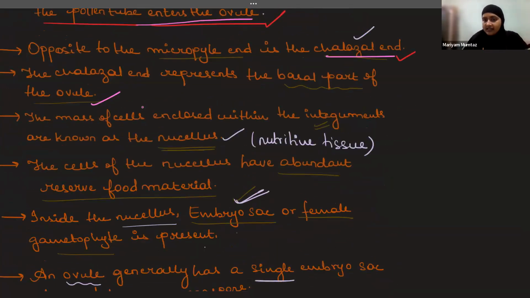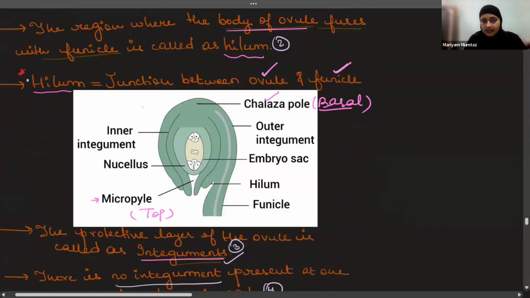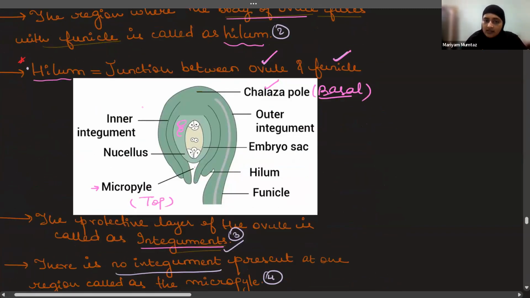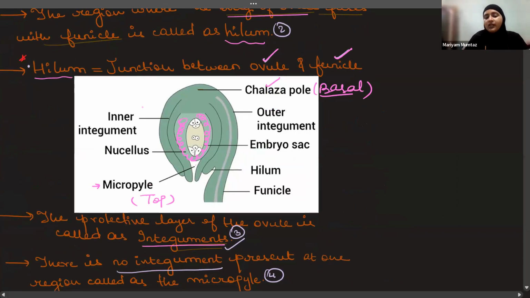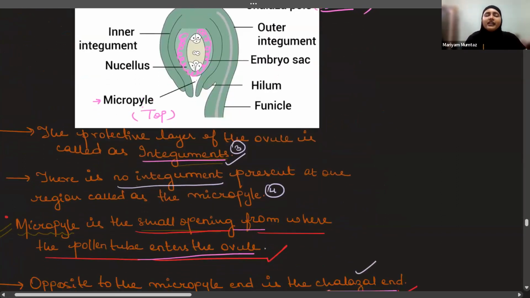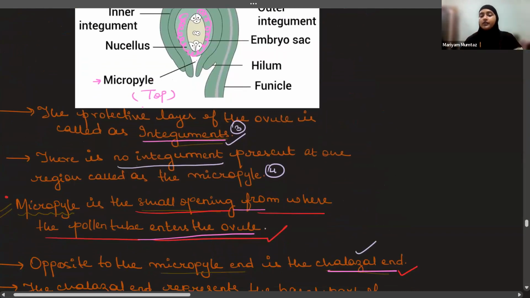Now, the mass of cells which are enclosed by the integuments, they are known as the nucellus. See this whole mass of cells, surrounded by the inner integument and outer integument. This mass of cells is known as nucellus, and it is very nutritive. It is the nutrient reserve.